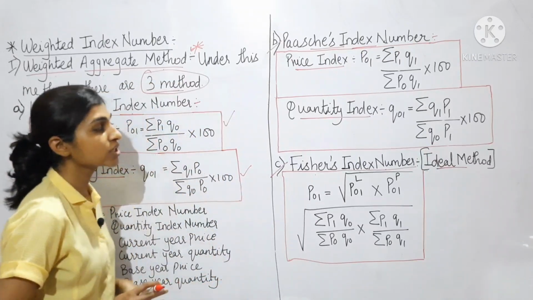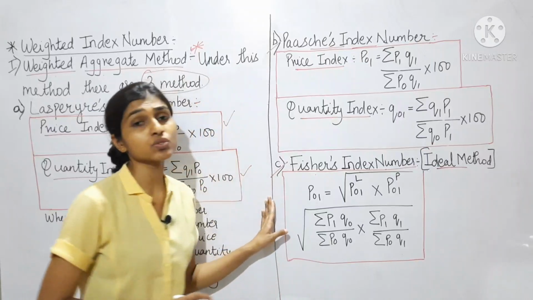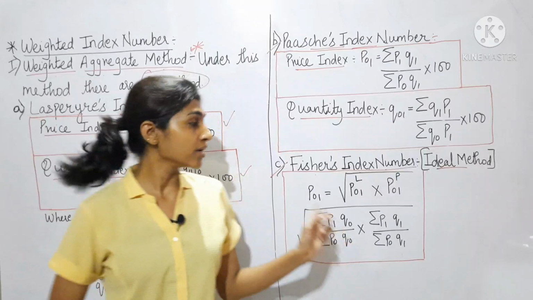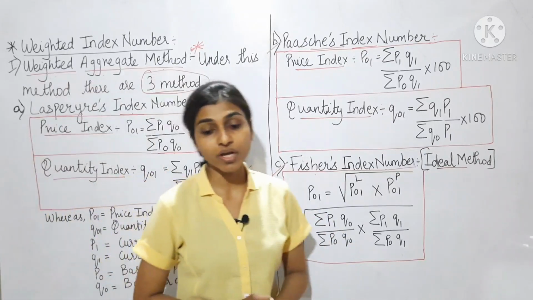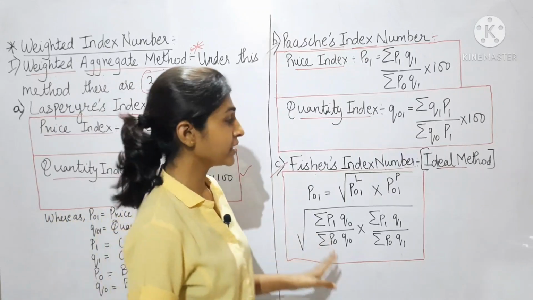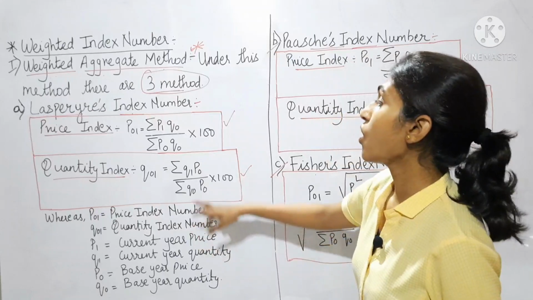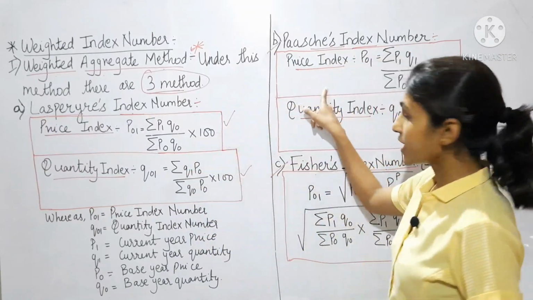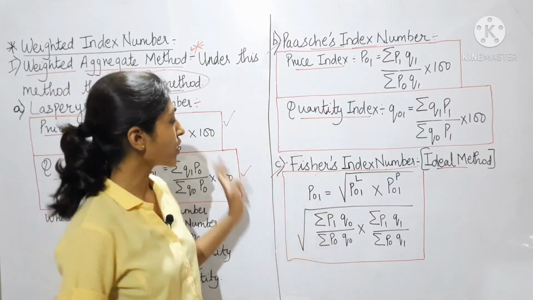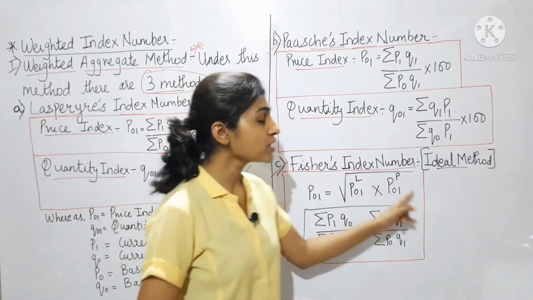Fisher's method is also called the ideal method. It is very easy to understand, because Fisher has given the formula to find the index number by just using the product of the Laspeyres and Paasche's methods, and he has put the product of the Laspeyres and Paasche's formulas under a square root.